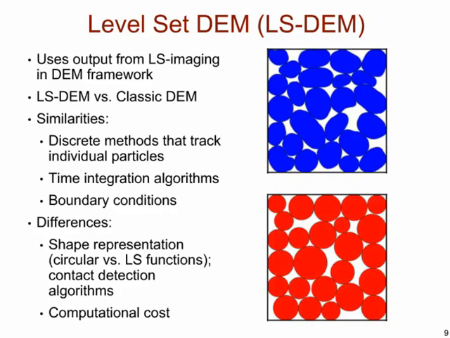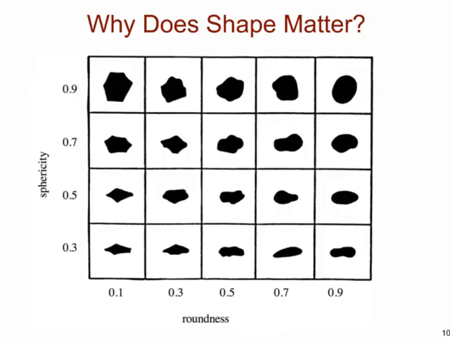The only differences are that the shape representation, of course, varies. LSDEM represents shapes with level sets and can do arbitrary shapes, whereas the classic DEM can only do circles. And the computational cost, of course, is slightly higher for LSDEM, but I want to remark that it's not terribly higher. And we know that shape matters, as the previous presentations have shown.